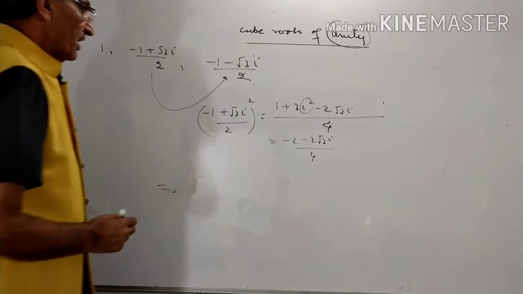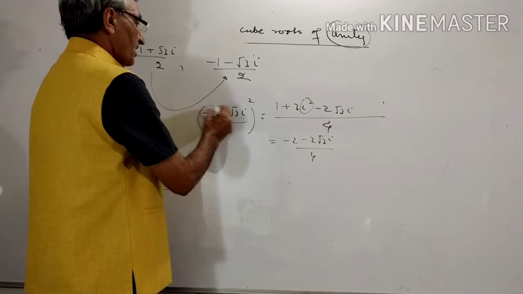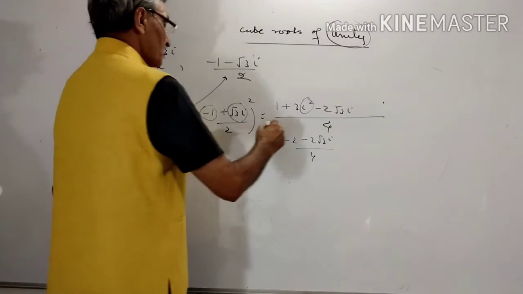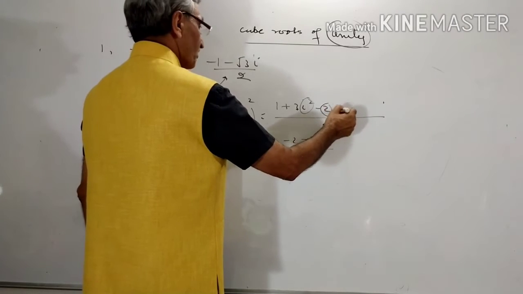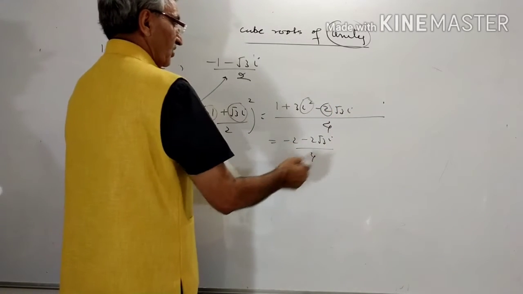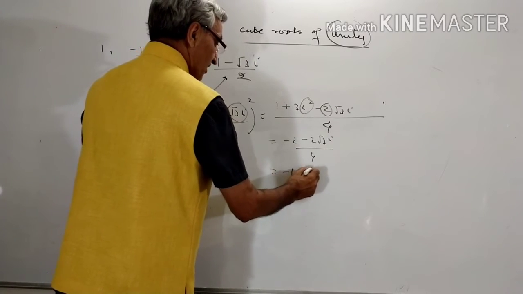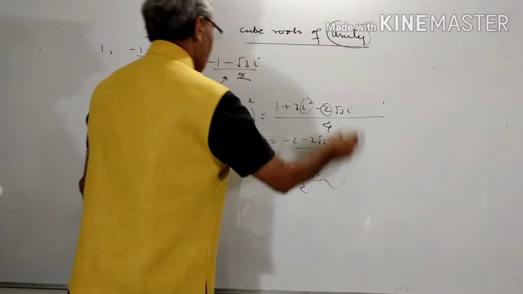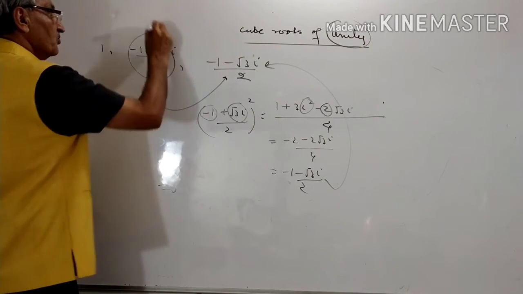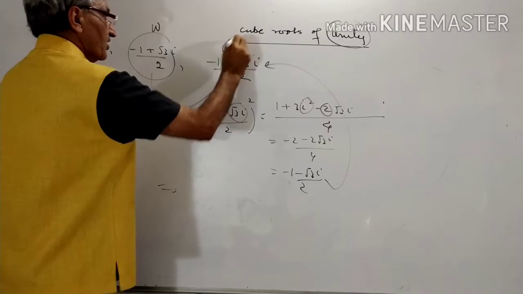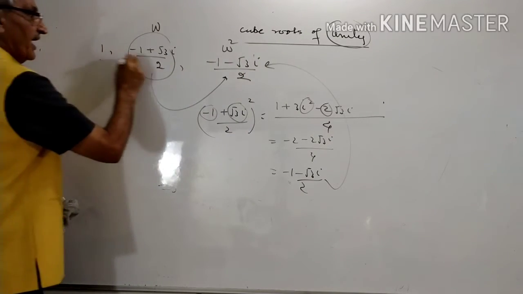Iota square is equal to minus 1, so this gives minus 1 minus under root 3 iota divided by 2. If I name the first one omega, then this is equal to omega square. That is one property.